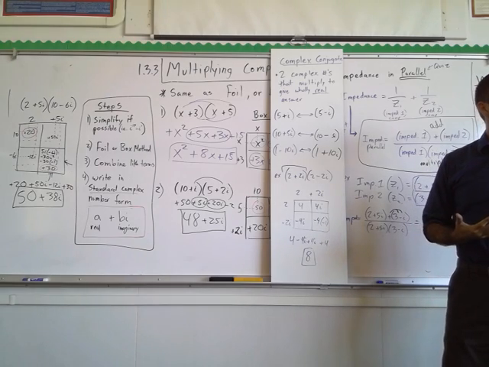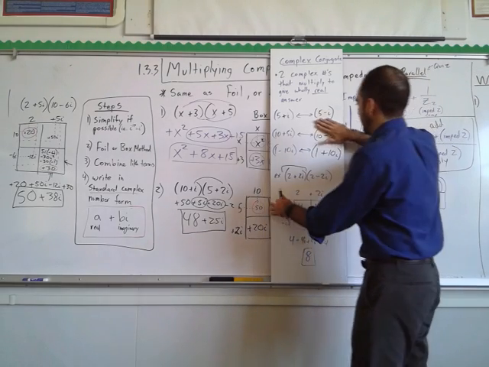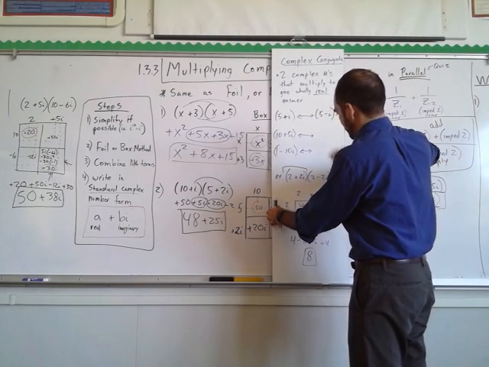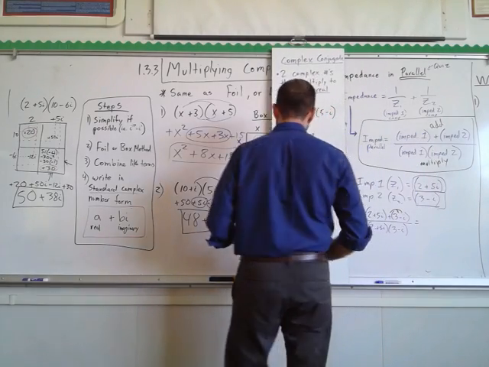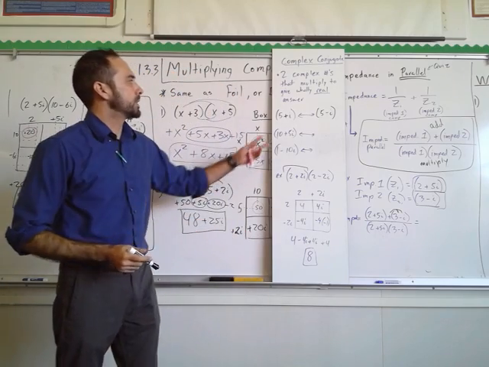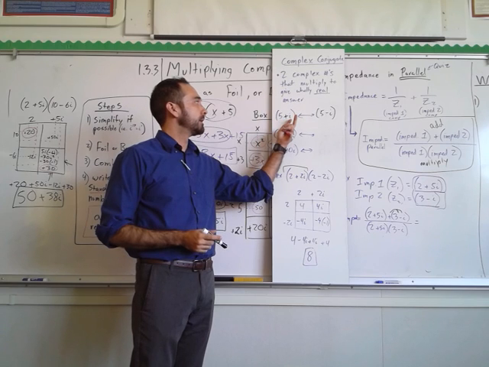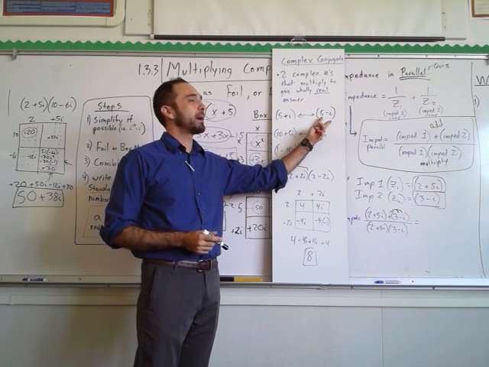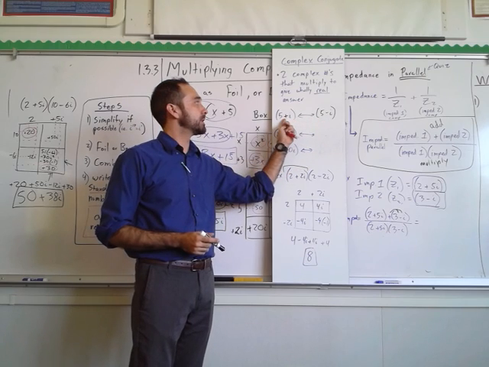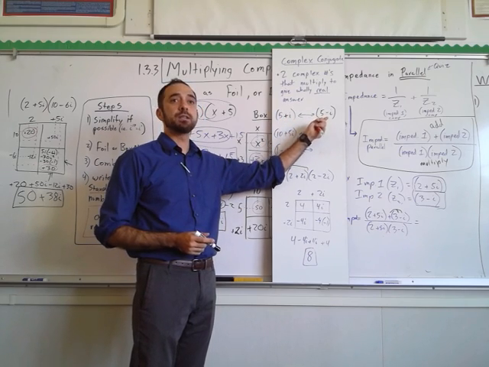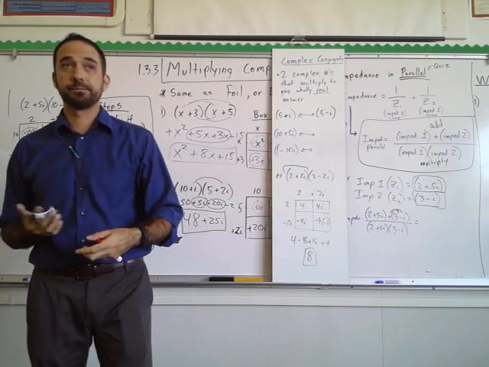Okay. So we start with this complex number, 5 plus i. The complex conjugate is 5 minus i. What is the difference between my first expression and the second expression? What changes?